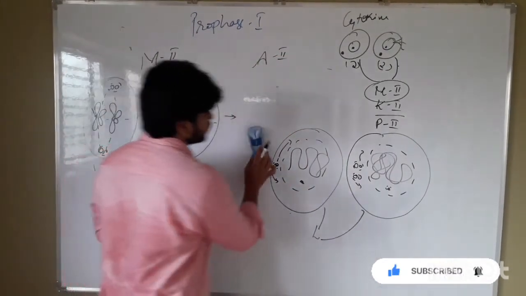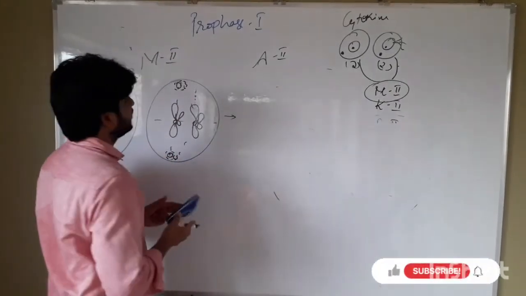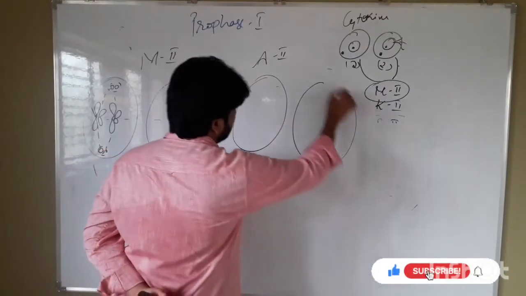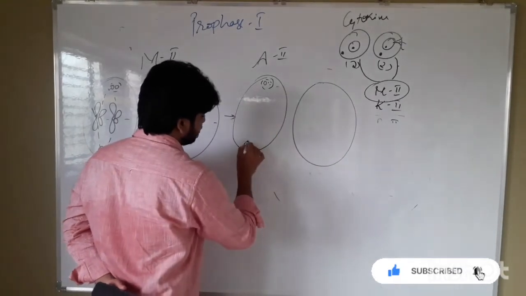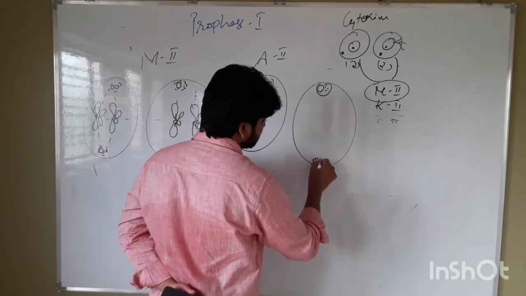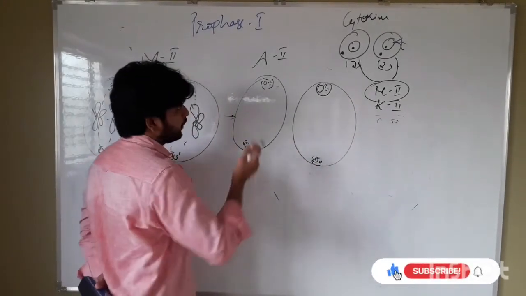During anaphase 2, in the 2 daughter cells of metaphase 2, the centrioles start to take back the spindle fibers that were produced. As a result, the spindle fibers move backward.